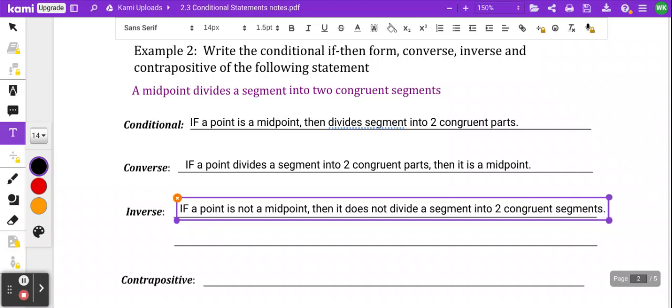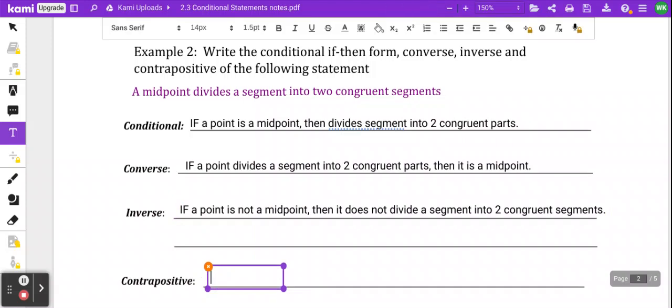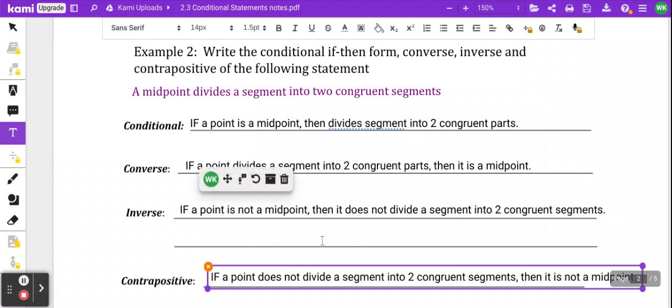And finally, the contrapositive. For the contrapositive, I am going to negate the converse. So the contrapositive is, if a point does not divide a segment into two congruent parts, then it is not a midpoint. So check your work. Hopefully you did it correctly.